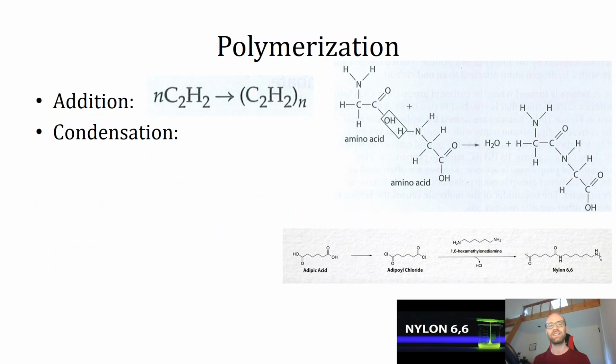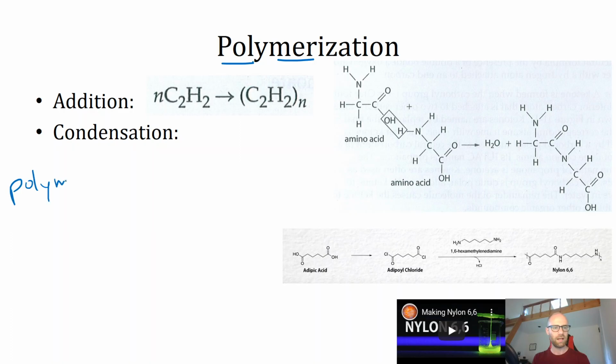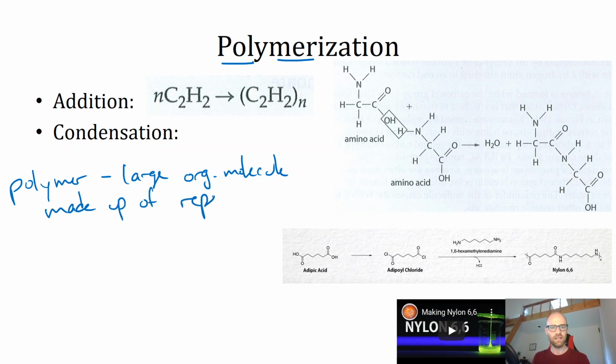We can now come back to the video that we saw. The last reaction is polymerization. And in polymerization, we can pick apart the word. A polymer is a large organic molecule made up of repeated units, known as monomers.